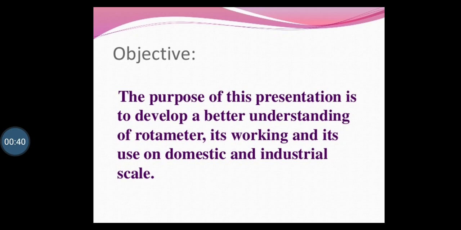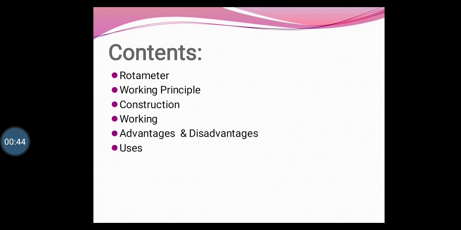So let's see the content for today's discussion. Today we will come to know about rotameter, its working principle, construction, working, advantage, disadvantage and its uses. Now let's start with the rotameter.